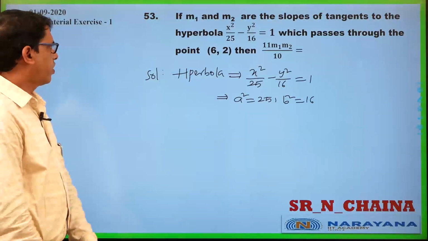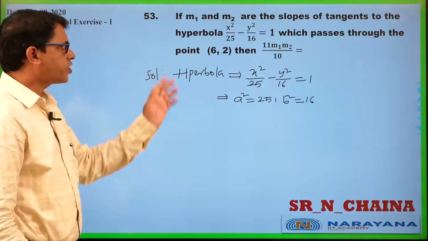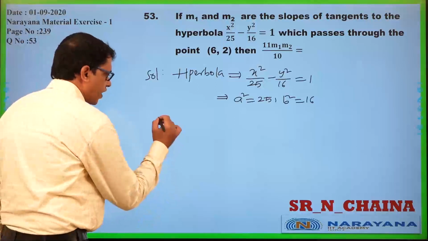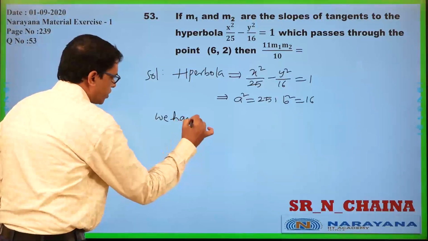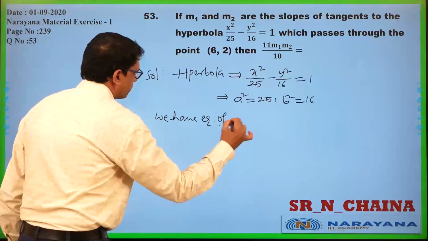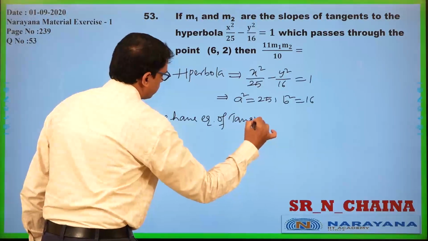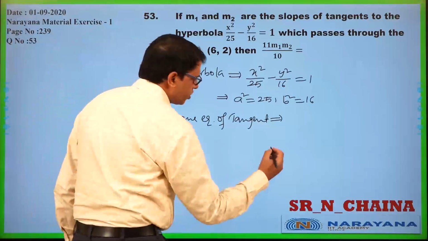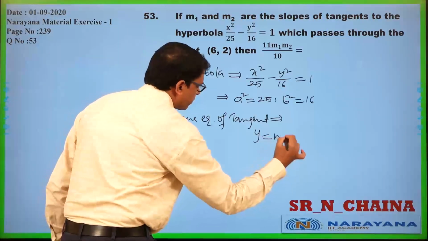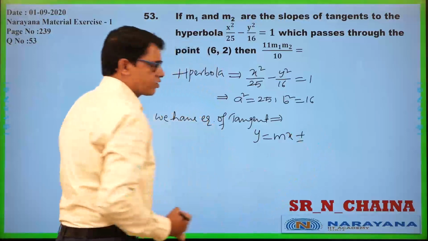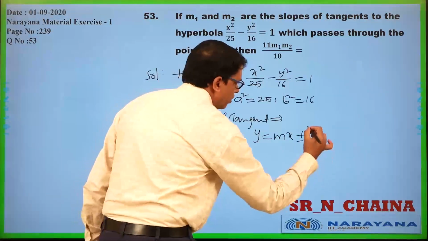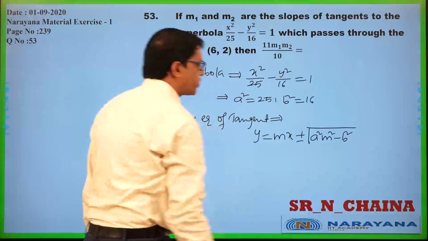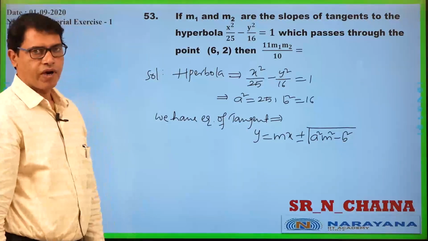Okay, now equation of a tangent. Equation of tangent in the slope form is what? y is equal to mx plus minus root under a square m square minus b square.